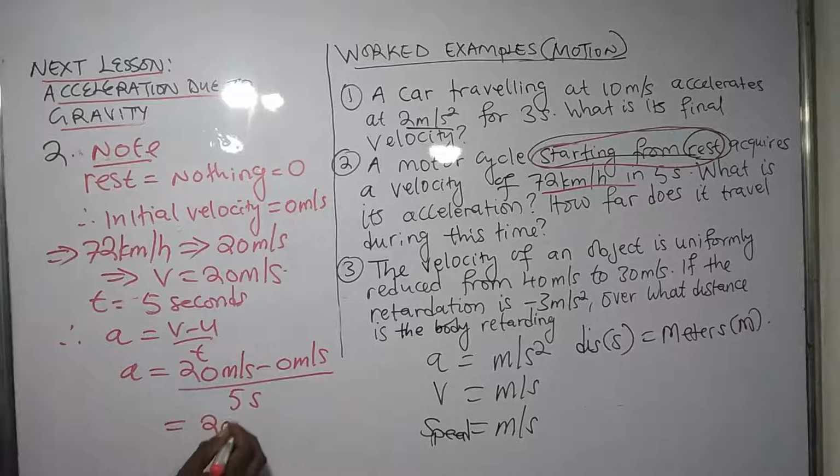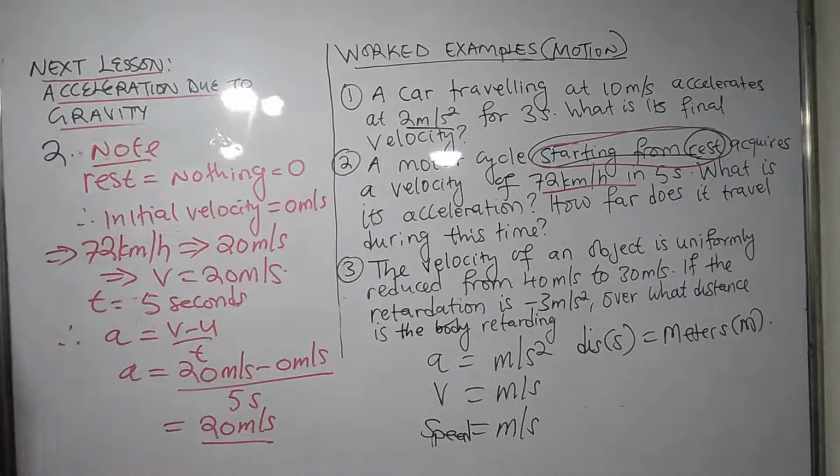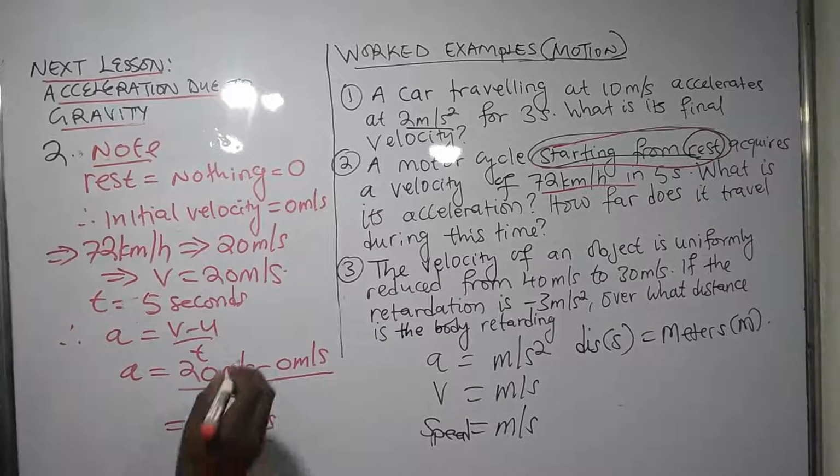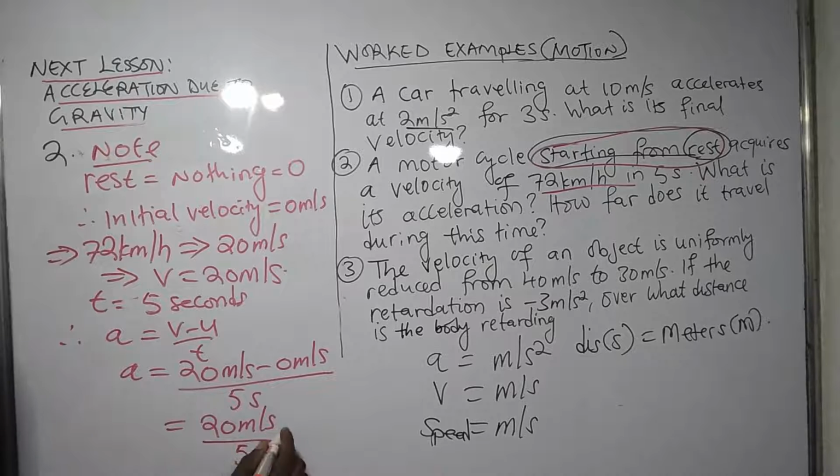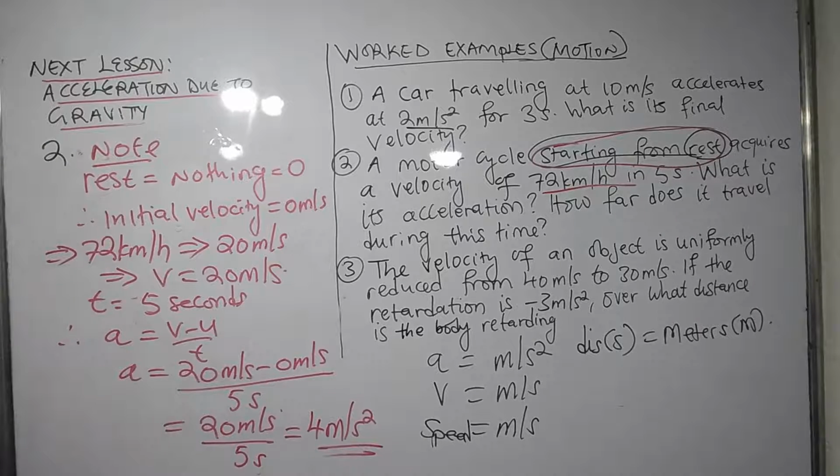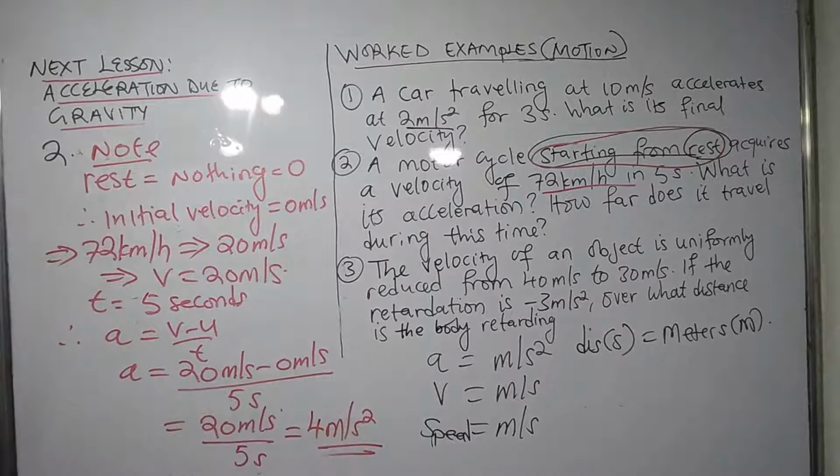So this is 20 meters per second divided by 5 seconds, which gives 4 meters per second squared.